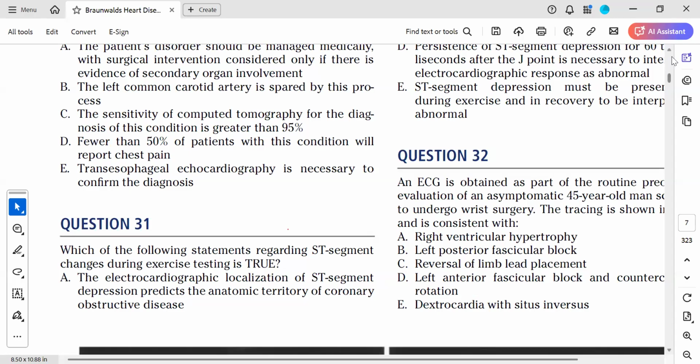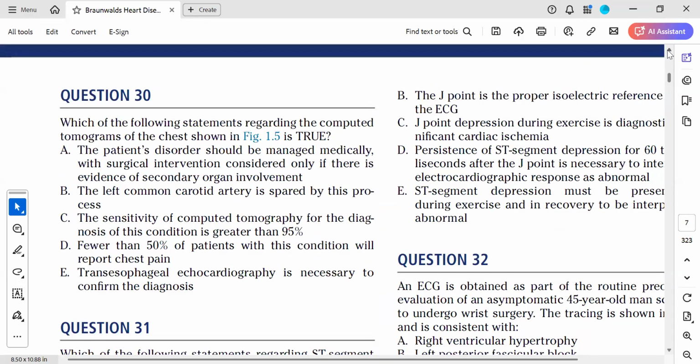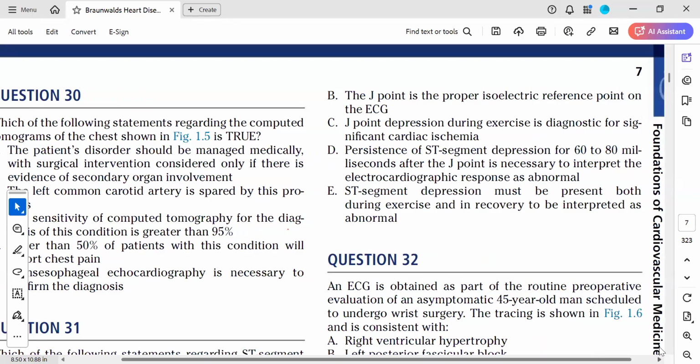The next option talks about the J point being the proper isoelectric reference point on the ECG. C talks about J point depression during exercise being diagnostic for significant cardiac ischemia.